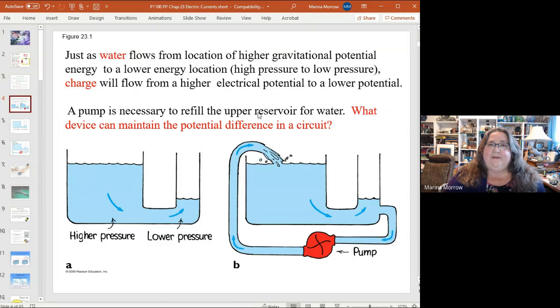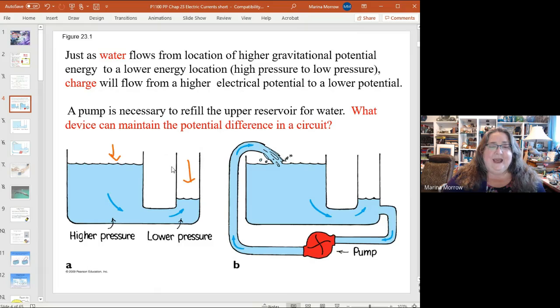Sometimes we do compare the flow of current in a circuit to the flow of water in a water circuit. So the idea is water flows from higher gravitational potential energy to lower energy. Charge flows from higher electrical potential to lower potential. Now, we've got an upper reservoir of water and a lower reservoir of water.